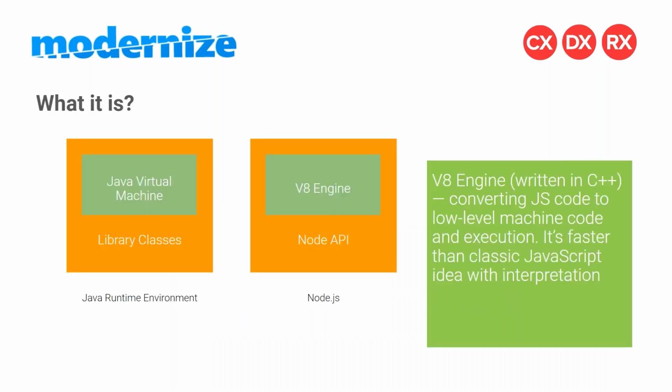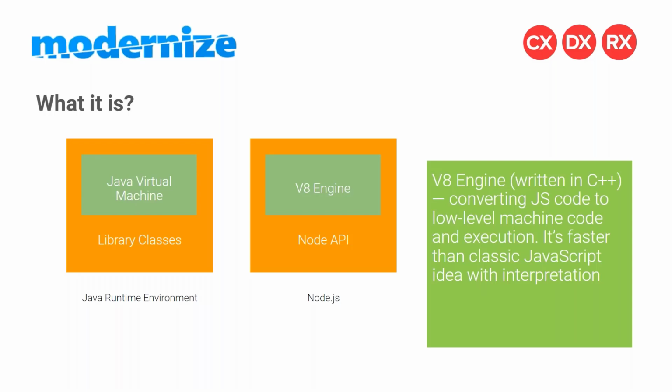Here is a very easy schema, which should show us the difference between JavaScript and Node.js. You know that JavaScript works in a runtime environment with a virtual machine and library classes, and usually it works in the browser. But Node.js is a little bit different. It has its own V8 engine solution for execution.